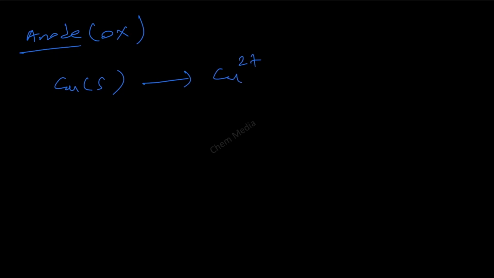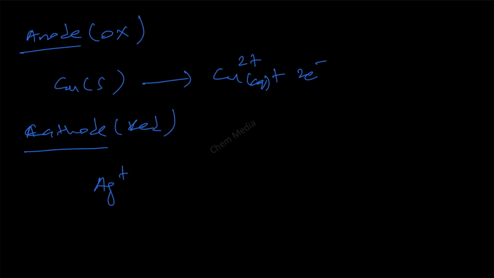Therefore, at the anode, because whatever be the cell, it is always anodic oxidation and cathodic reduction, copper solid is losing 2 electrons and becoming copper 2+. At the cathode, reduction is happening. Ag+ gains an electron and becomes Ag solid. But to balance the equation, we have to multiply this entire equation by 2.